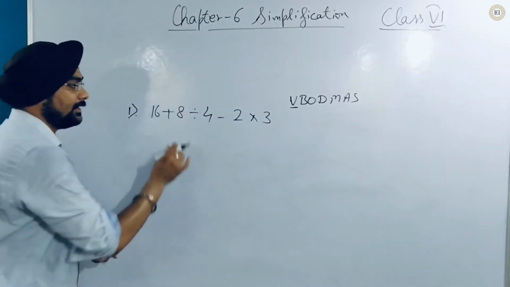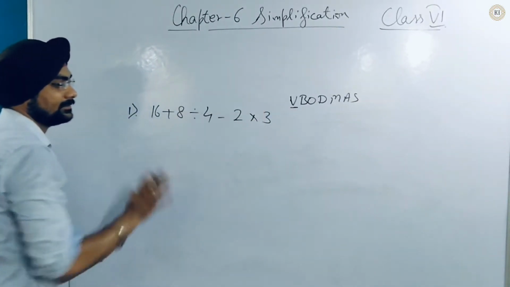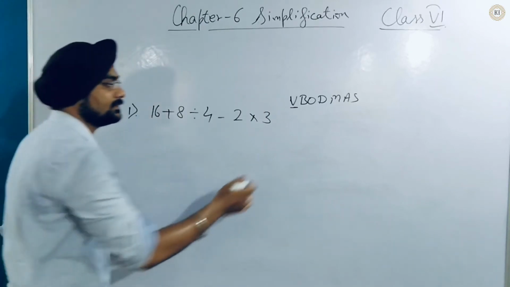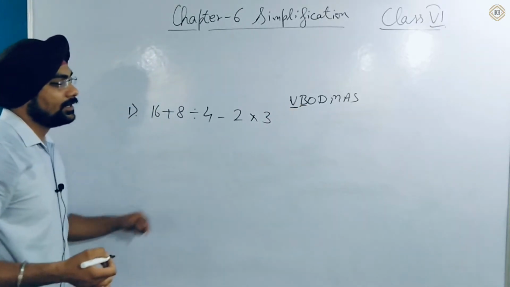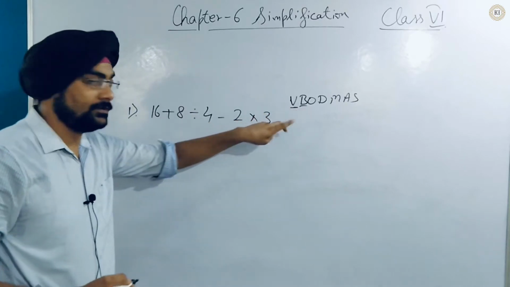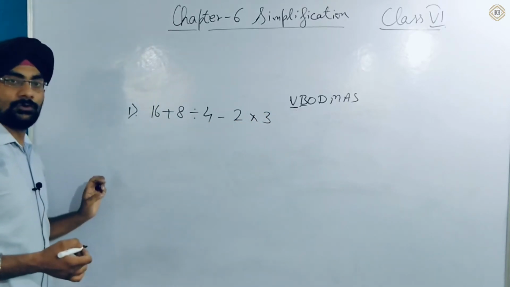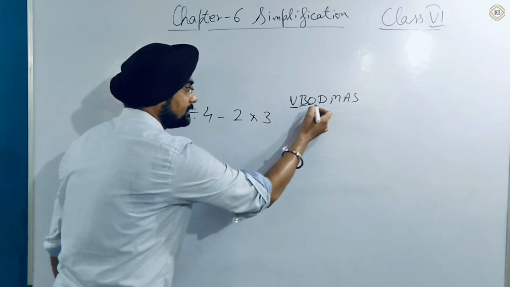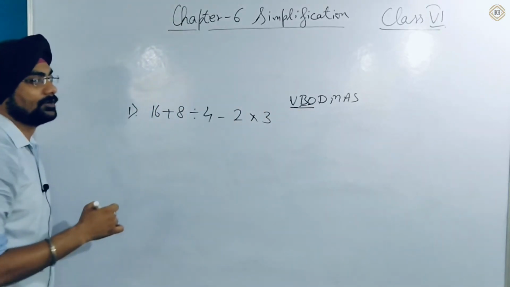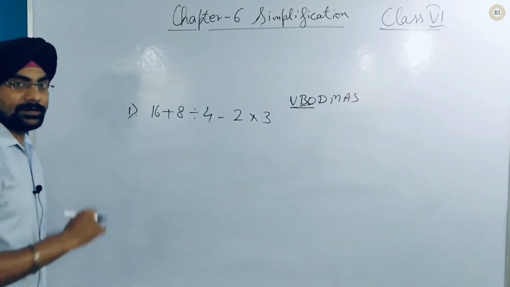Now B stands for brackets. There are no brackets, so we will skip this B also. Now O stands for Of. There is no Of, so again we will skip this. So these 3 have been skipped because they are not given in the question.